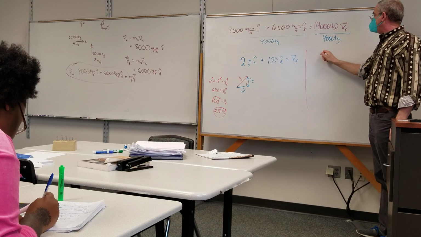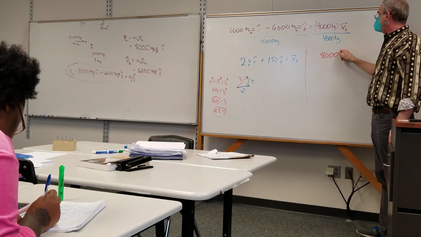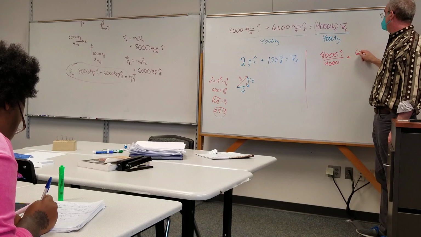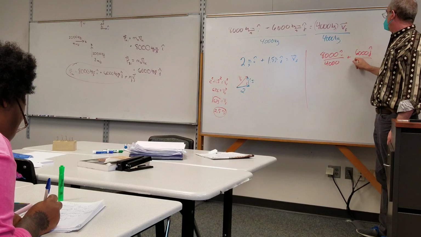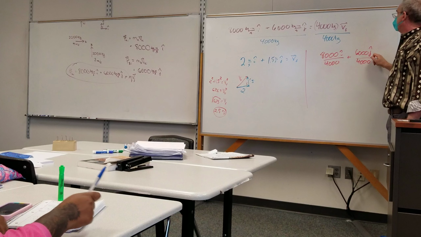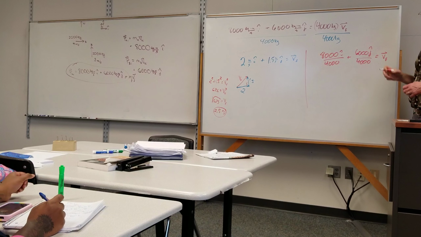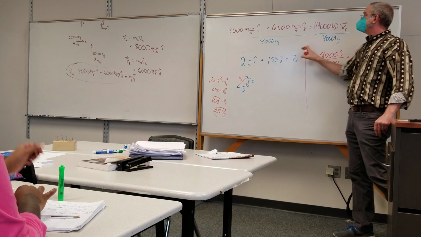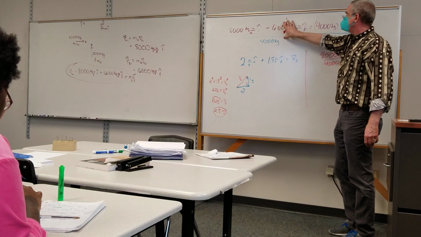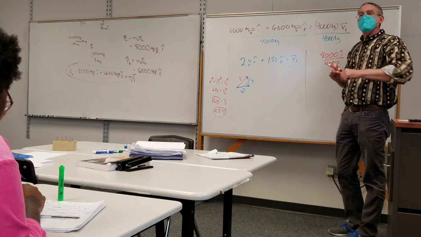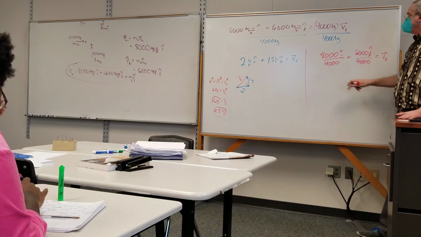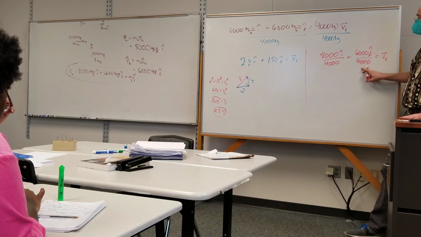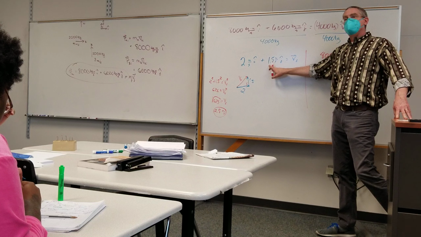So that becomes 8,000 i hat over 4,000 plus 6,000 j hat over 4,000 is equal to my v final. That's where that's coming from. So 8,000 over 4,000 is the 2, and then 6,000 over 4,000 is the 1.5. Oh, okay.